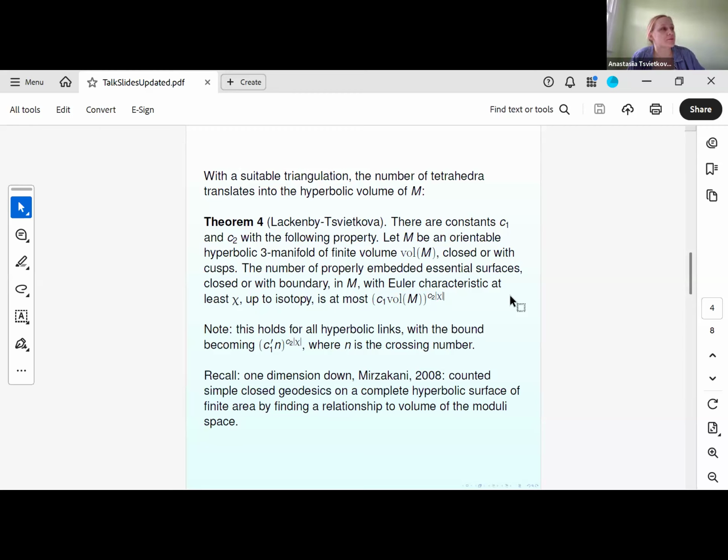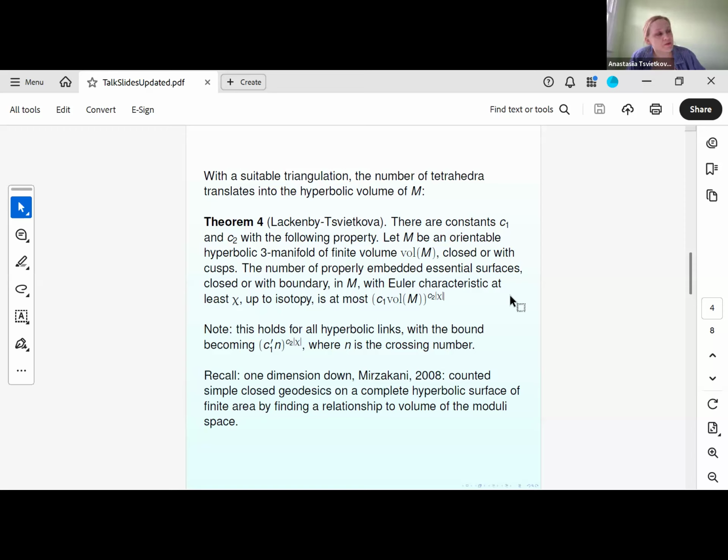multiplied by Euler characteristic. And this is perhaps reminiscent of the results in dimension two, going one dimension down. In 2008, Mirzakhani counted simple closed geodesics on a complete hyperbolic surface of finite area.